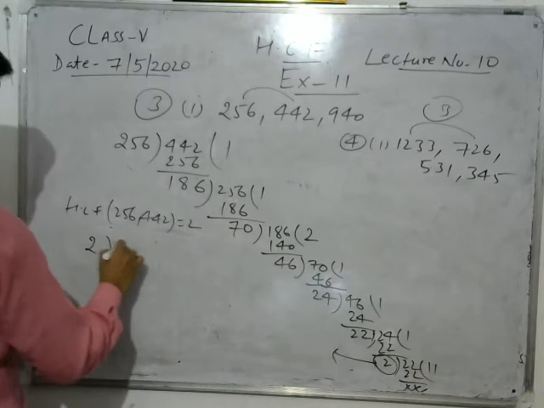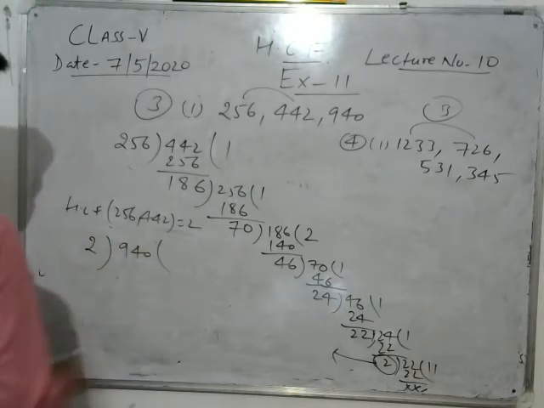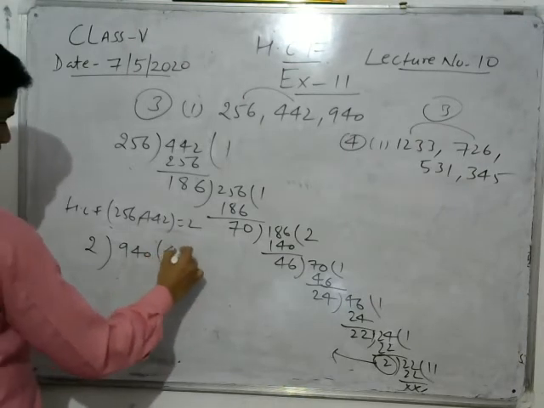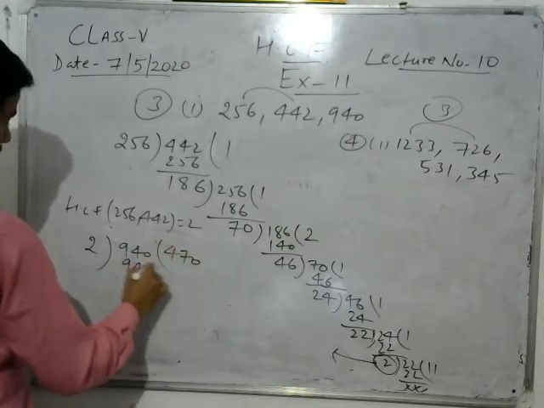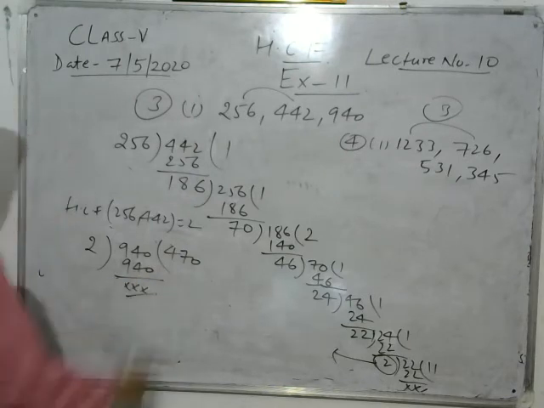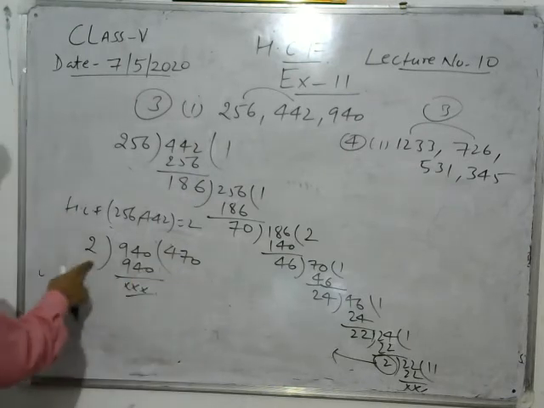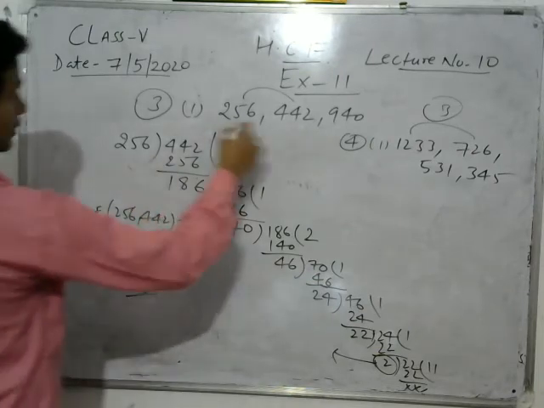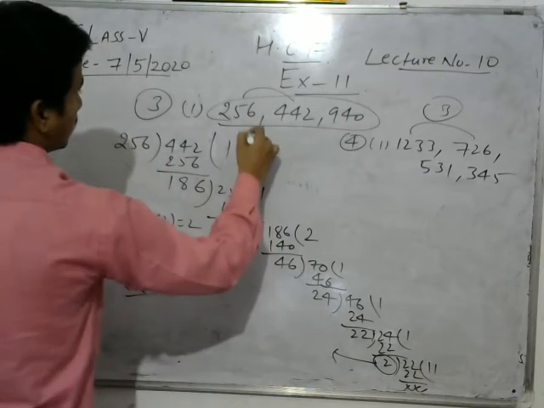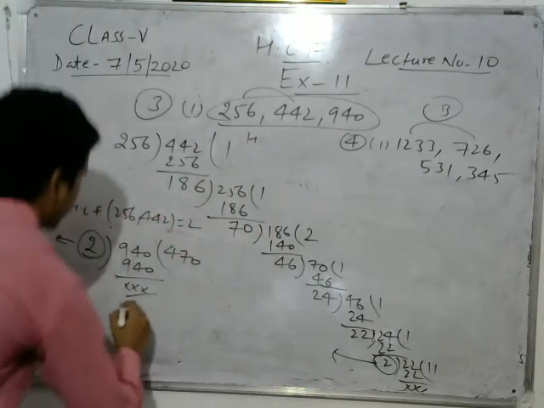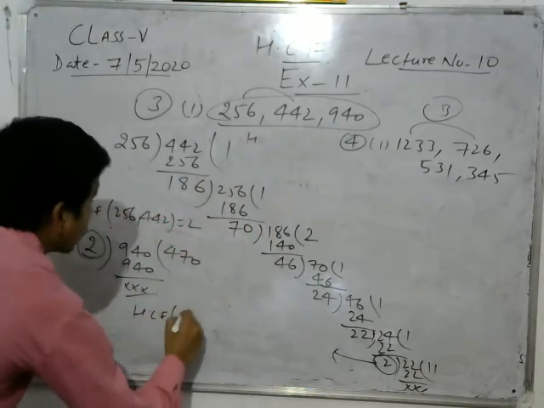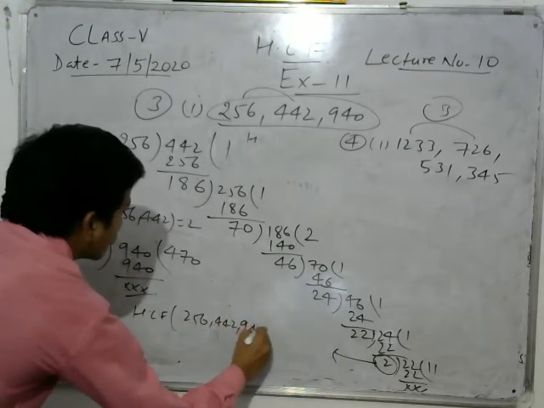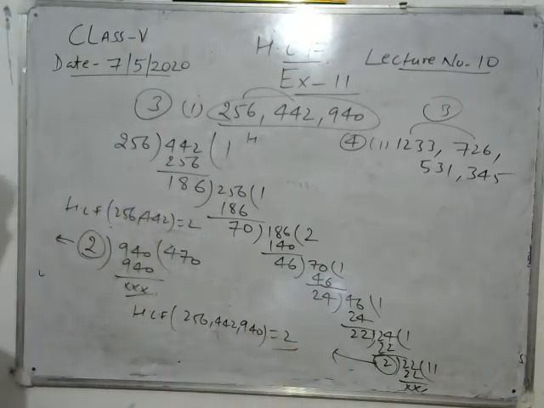I think it will be divisible by 2, 470 times you will get 940. If a number is completely divisible, then your HCF will remain 2. So the HCF of 256, 442, 940 will be equal to 2 is the answer.